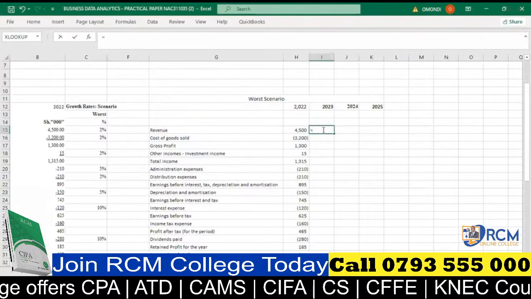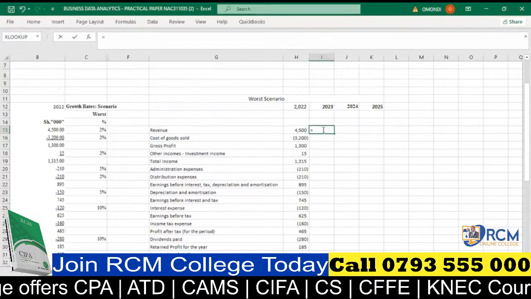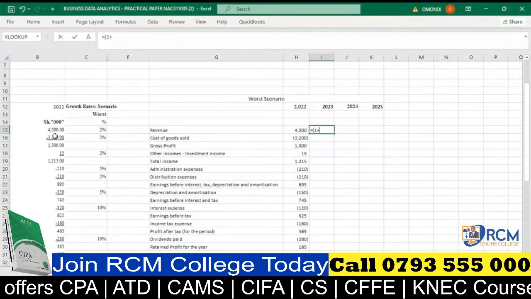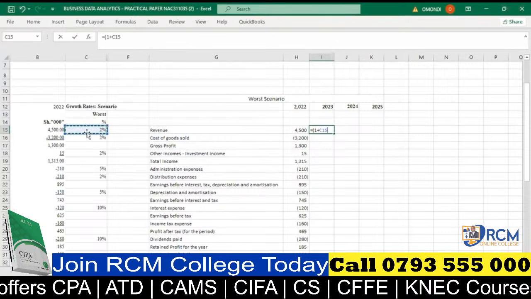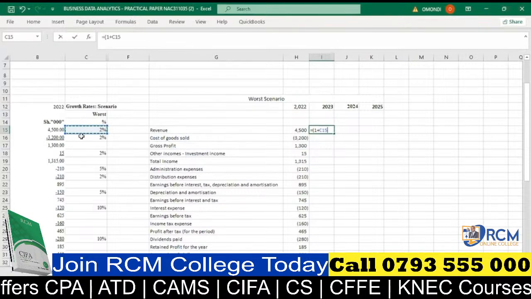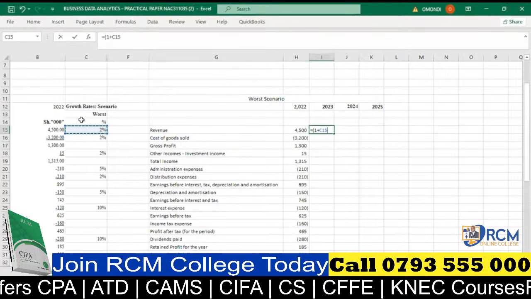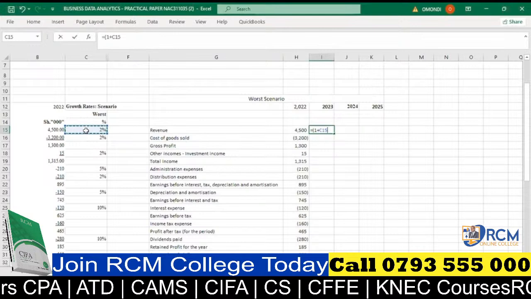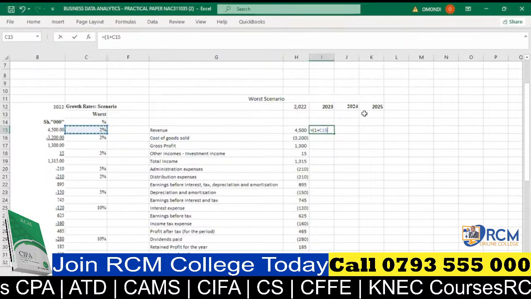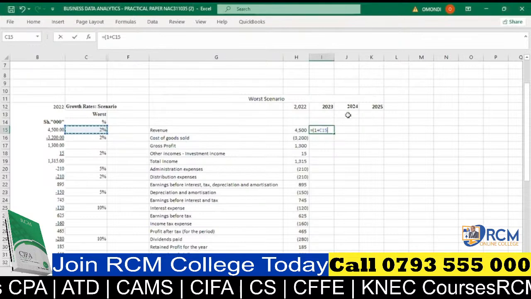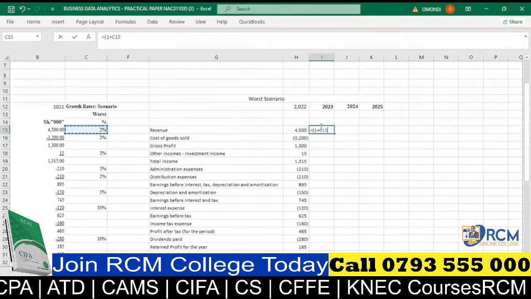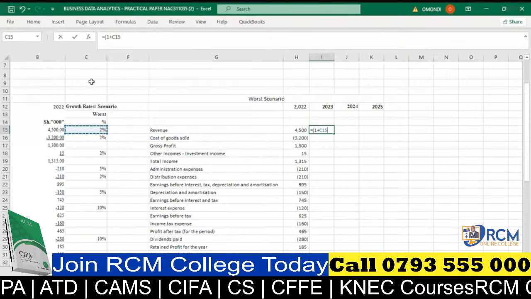What do you do? We have said is equal to 1 plus the growth rate. Our growth rate is 2%. This growth rate here is constant, so 2024 will be 2% higher than what is there in 2023. And we have said this 2% will keep on referring to it.